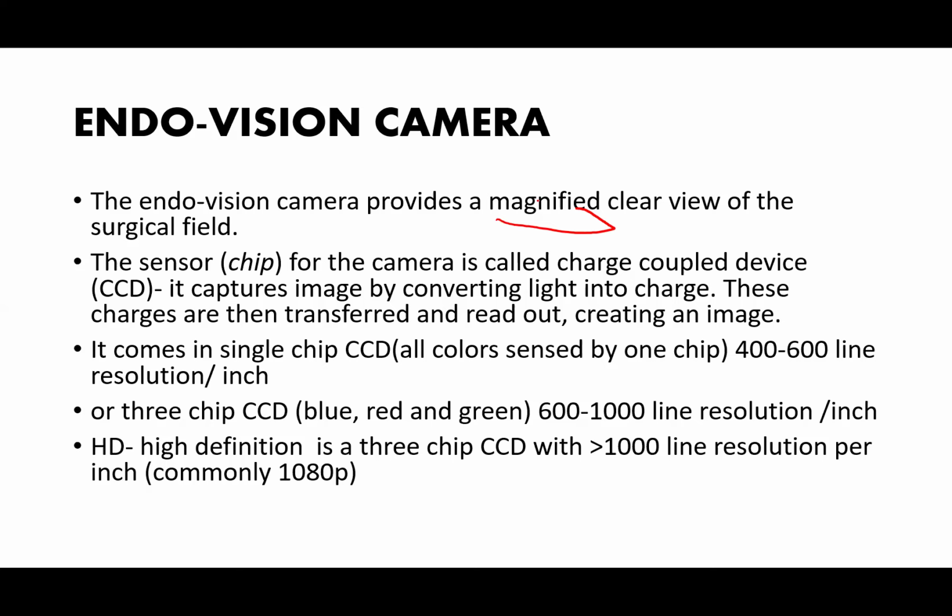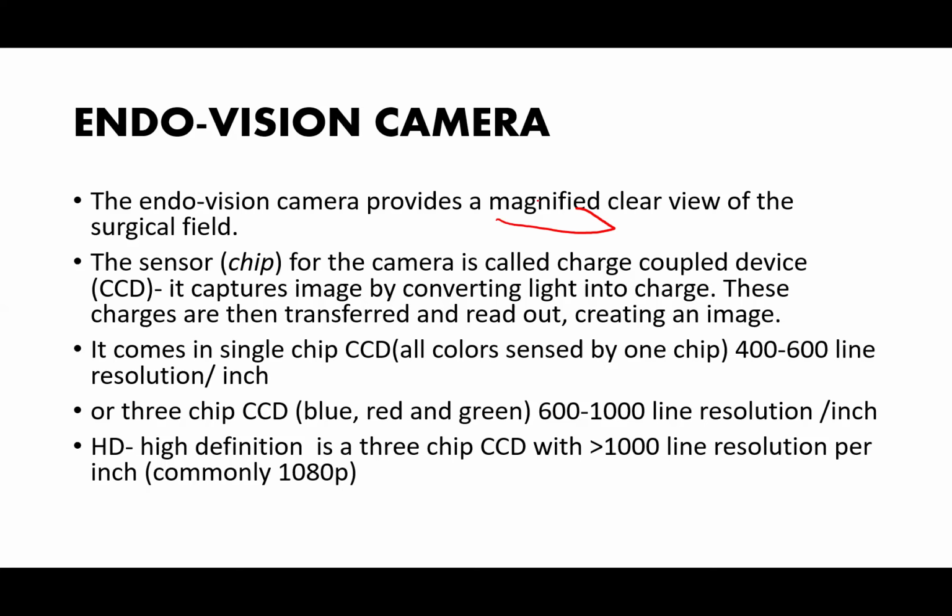And this endovision camera has a sensor or a chip. The sensor or chip for the camera is called a charge coupled device, CCD. Now, it is this sensor that captures the image by converting light into charge.